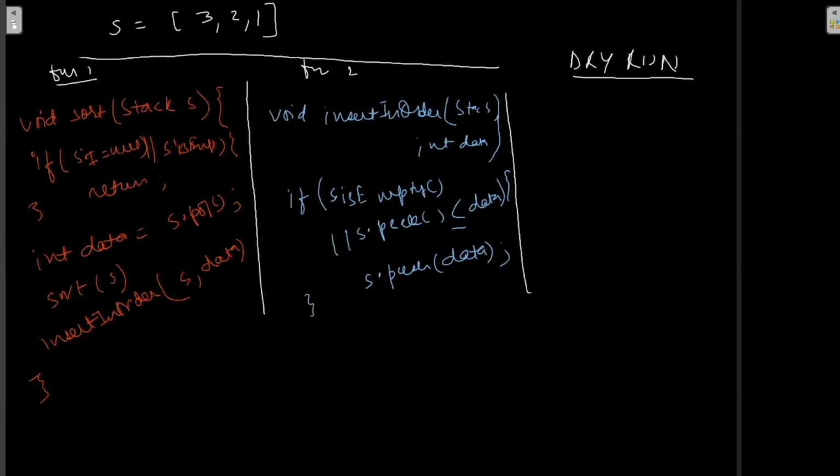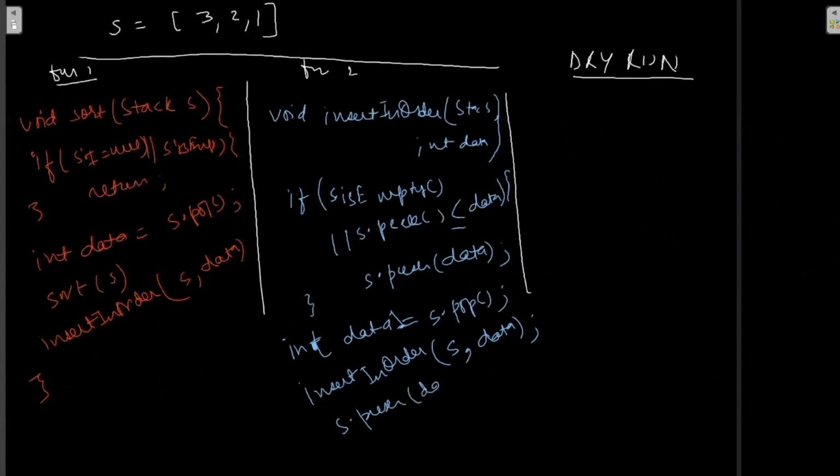If that is not the case, I pop, data is equal to S dot pop, and I insert in order, I put S and I pass again the same data, and then I do S dot push data.